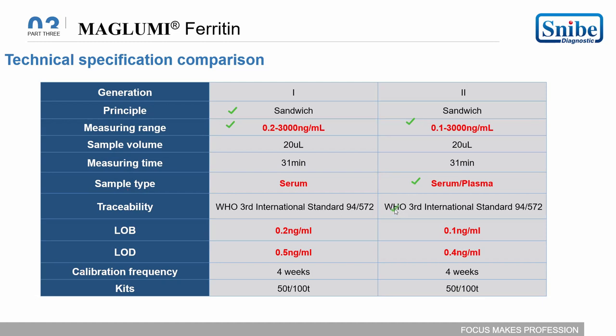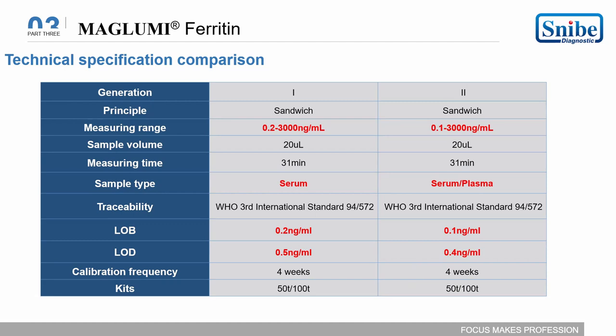The standardization material is the same, WHO 94/572, and the limit of blank detection is improved. The onboard stability is 4 weeks, and we have 50 and 100 test pack sizes available from the Maglumi platform for the ferritin assay.